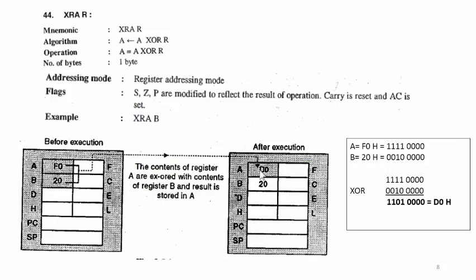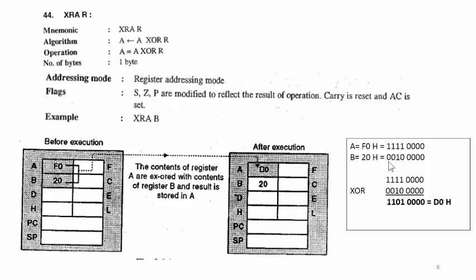Suppose this XRA B instruction gets executed. So after the execution of XRA B, in the accumulator you will get D0 hex result. How we are getting this D0 is given here.